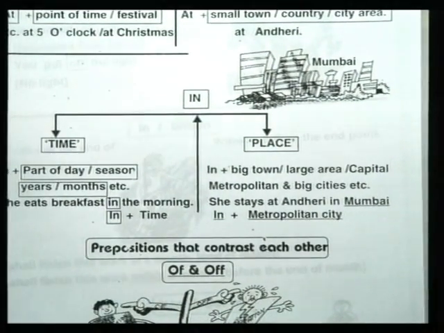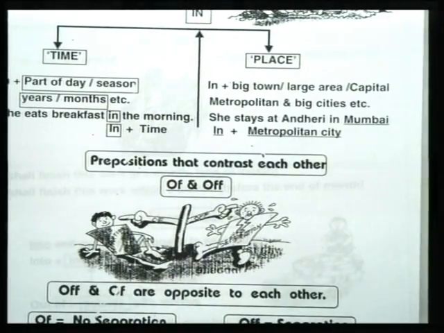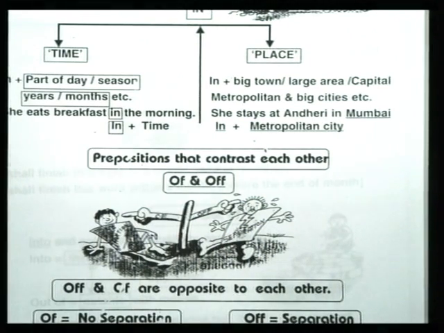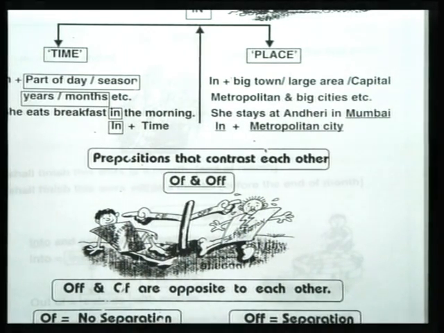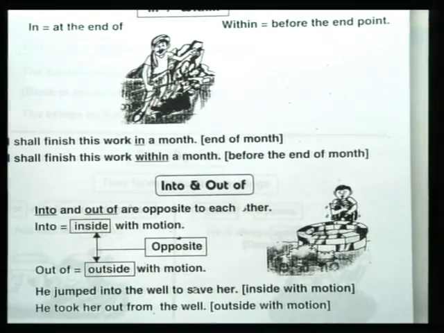Now let us switch on to the next preposition, that is of and off. O-F and O-double-F. Now one single f, of, has no separation, and O-double-F, off, has separation. To make it more clear, let us switch on to the examples.